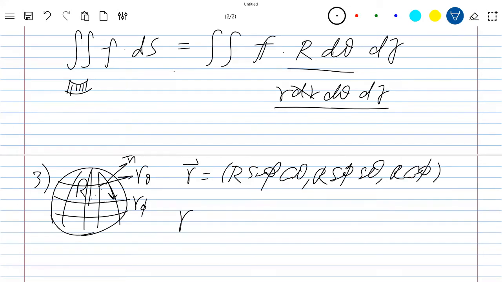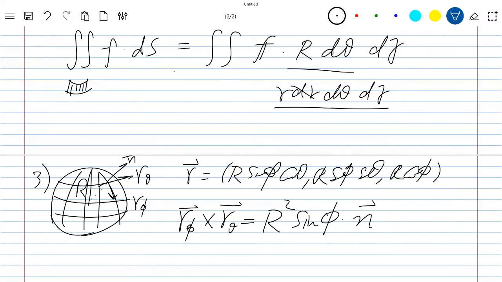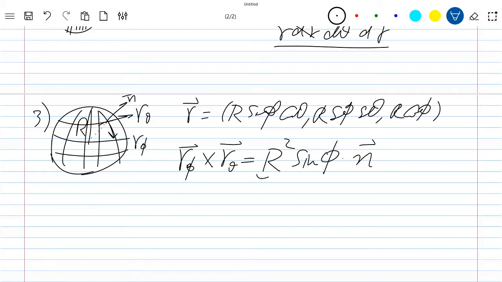If you take the cross product, r phi with r theta, after some calculation it can be shown that it's R squared sine phi times the n, a factor in front of the d phi d theta.